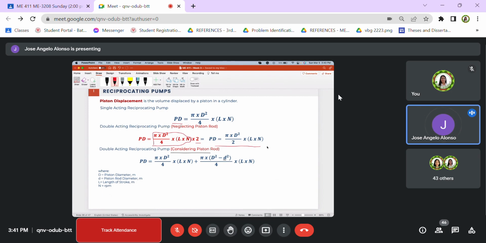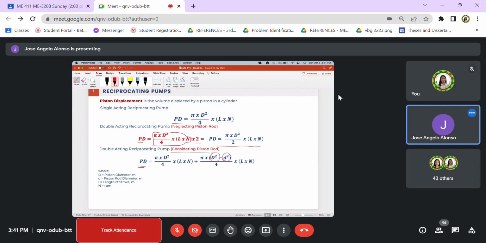So to do that, we just need to add the original one, which is pi d squared over 4 multiplied by length ng stroke multiplied by the speed, plus the difference in the diameter ng cylinder and the piston rod multiplied by the length of stroke and the RPM. So ito yung equation natin kapag kailangan i-consider ang piston rod at kapag dinineglect natin yung body ng piston rod.